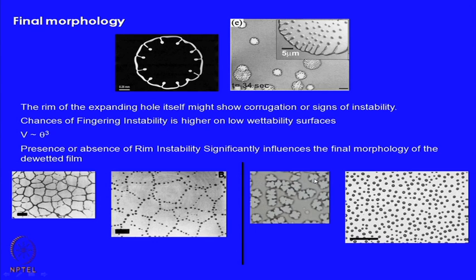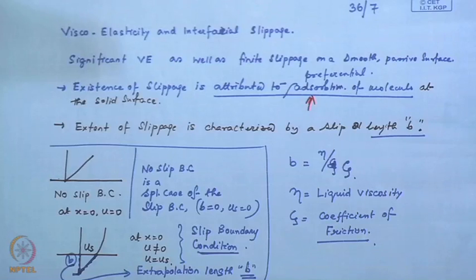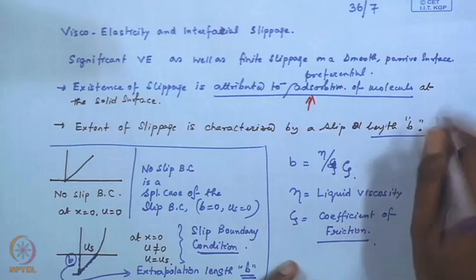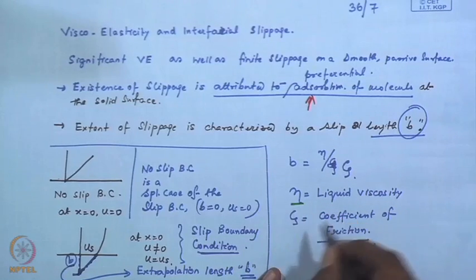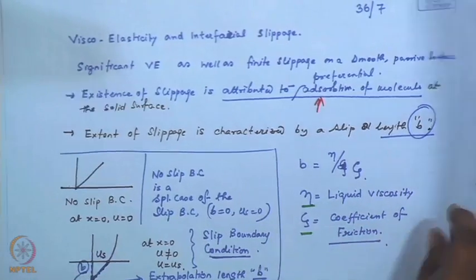Subsequently, we started to talk about the role of viscoelasticity and interfacial slippage, and we argued that the existence of slippage in a polymer film can be attributed to the adsorbed molecules at the interface. The extent of slippage is typically characterized by a slip length b, which one can correlate to the ratio of the liquid viscosity and the coefficient of friction.